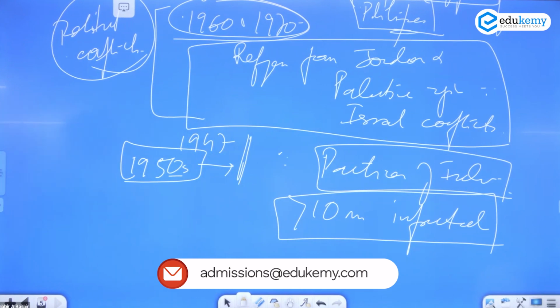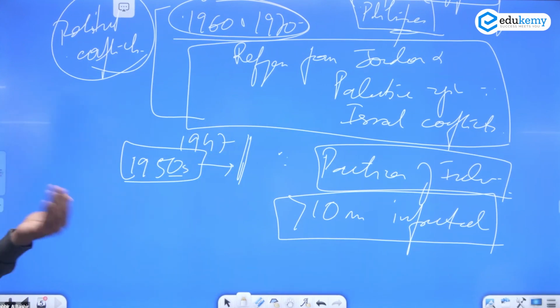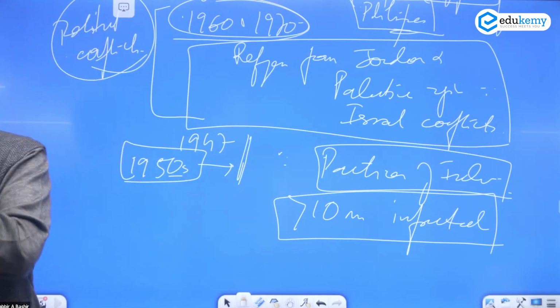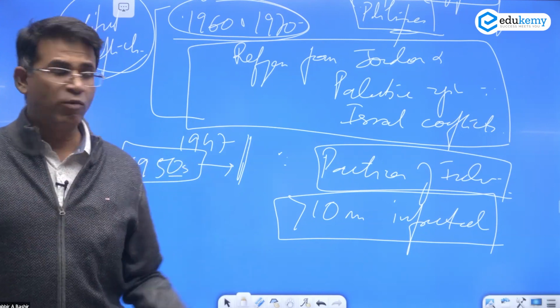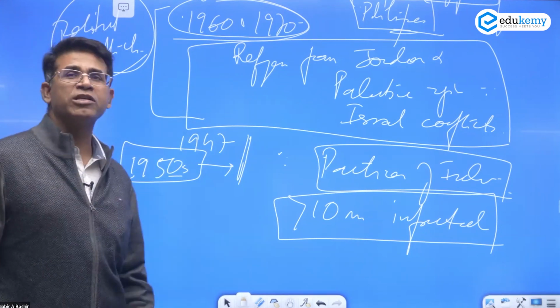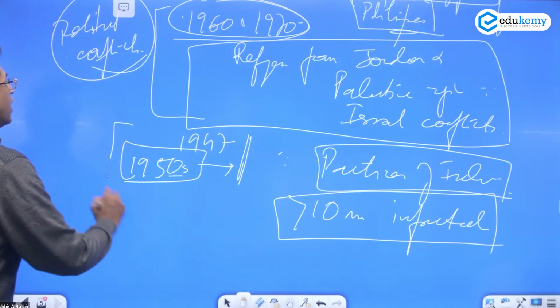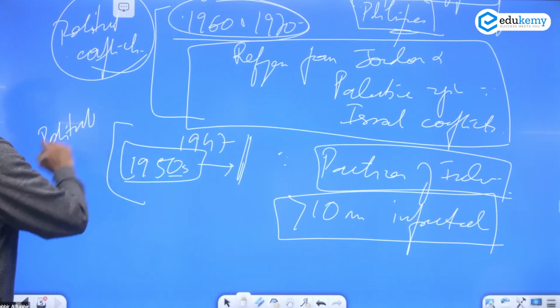The partition of India, okay, Indians into Pakistan, Pakistan into India, from India into Bangladesh, from Bangladesh into India, okay, more than 10 million people were impacted and displaced. Okay, so yes, this is also political, this is the conflicts, yes, political conflicts.